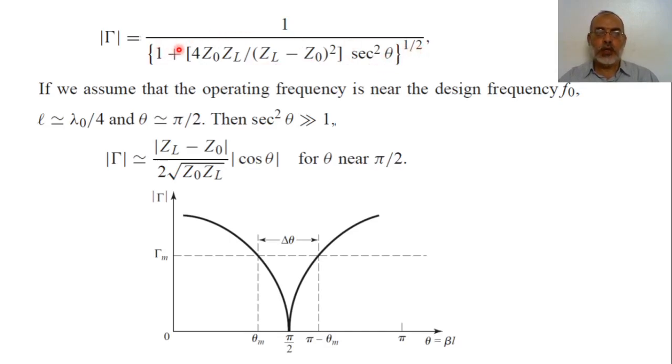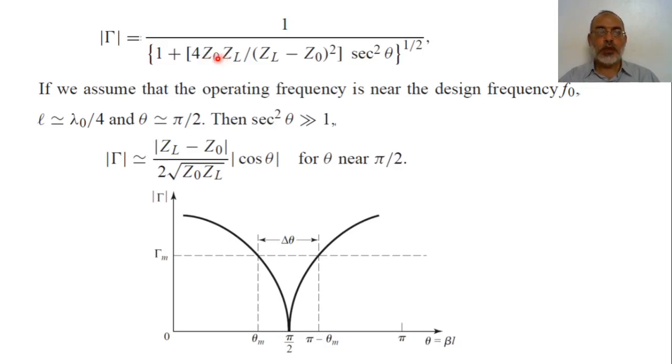So ignoring this one, this would be sec theta, and this would be the magnitude of Z load minus Z naught, and this would be 2 square root Z naught Z load.